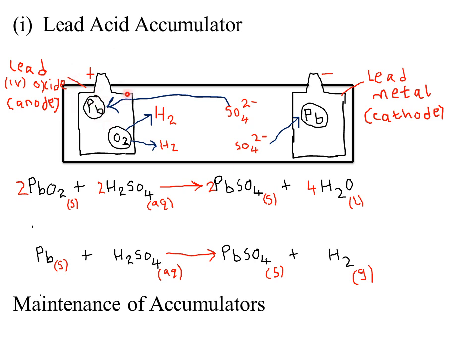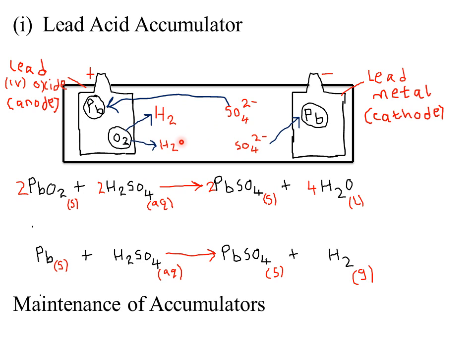Here we are showing the lead acid accumulator. The anode is lead 4 oxide, while the cathode is the lead metal. This shows how the reactions take place within a lead acid accumulator.